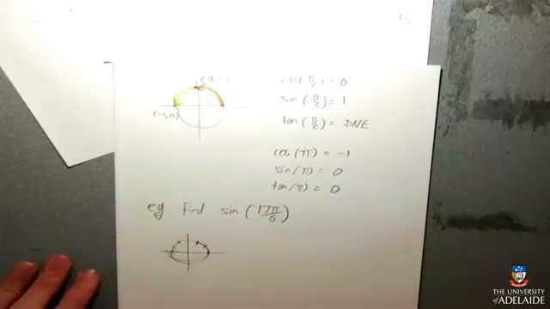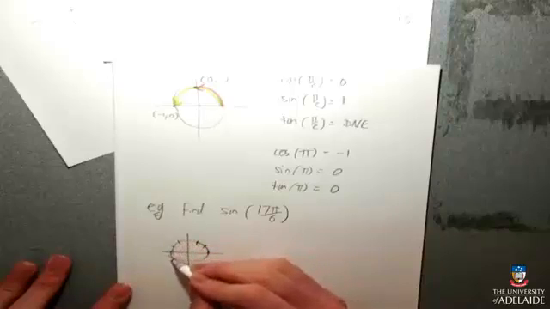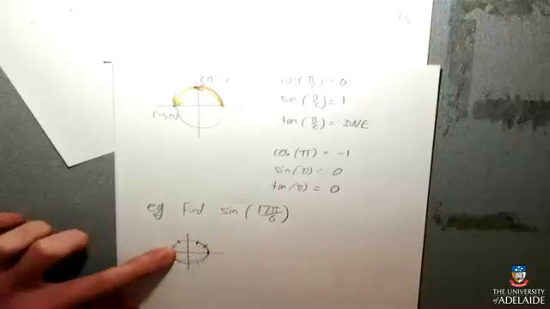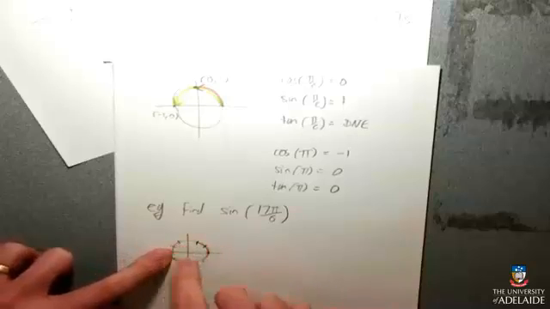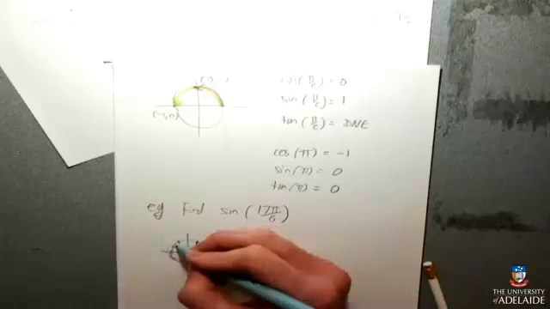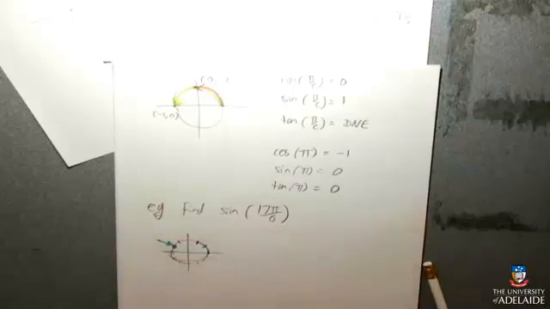And 17 pi on 6 would be 1, 2, 3, 4, 5, 6, 7, 8, 9, 10, 11, 12, 13, 14, 15, 16, 17. 17 pi on 6 goes all the way around once and ends up in this spot just here. That's where it ends up. And I literally counted 17 pi on 6.